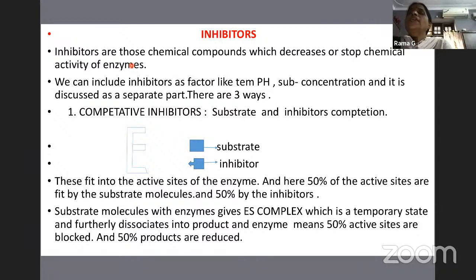Then we can include inhibitors as a factor like temperature, pH, and substrate concentration. That means this can also be treated as a factor, and it is discussed as a separate part. The inhibitors are discussed as a separate part, and there are three ways.